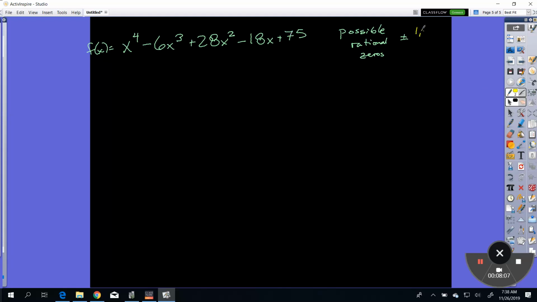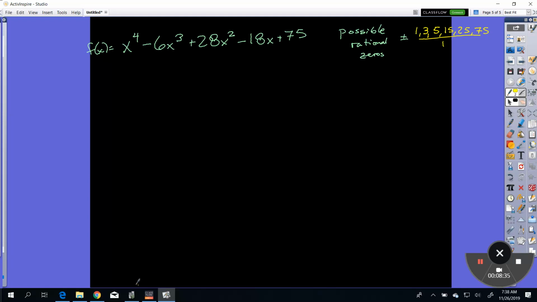So 1, 3, because 3/4, 5. 10 doesn't. So 15, 25, and 75. And the factors of the first term are just 1. So those are possibles. Now let's find our actuals.